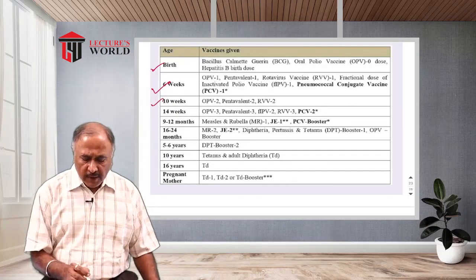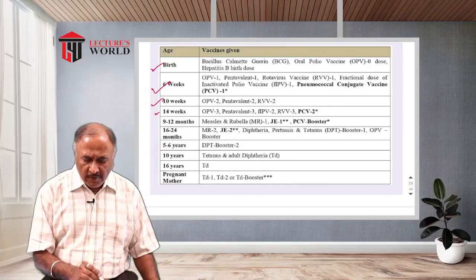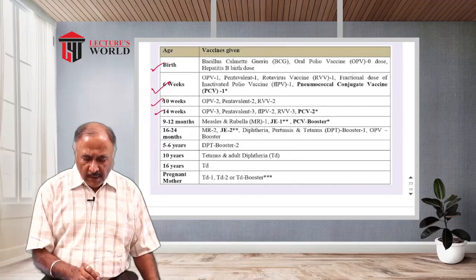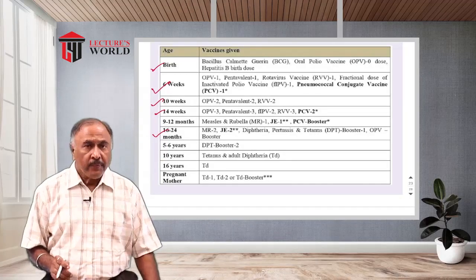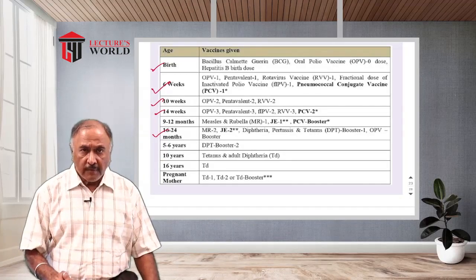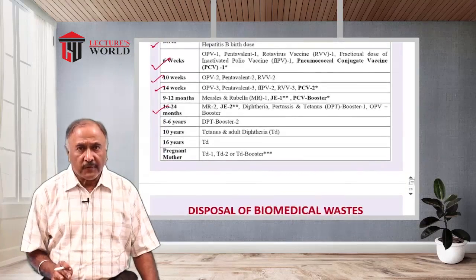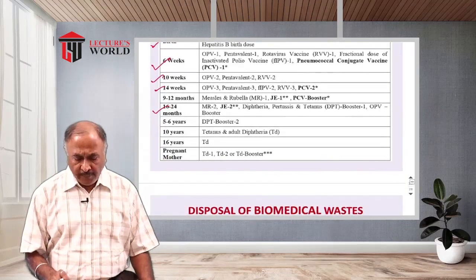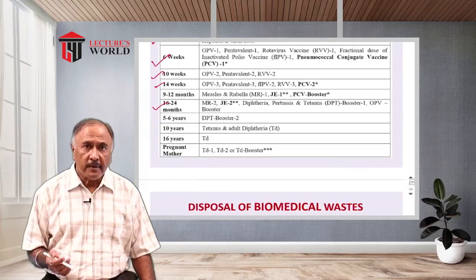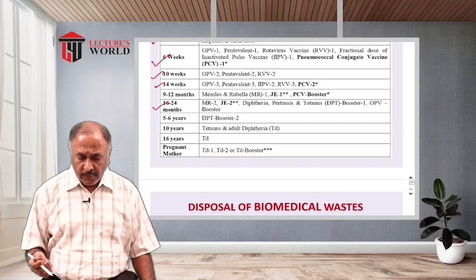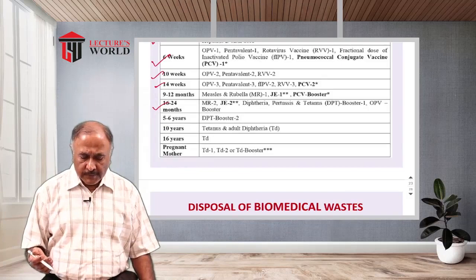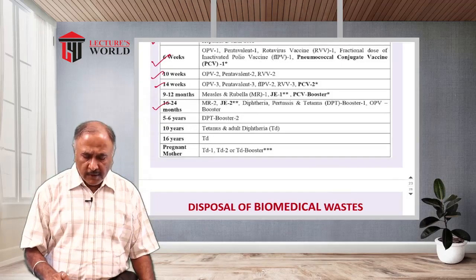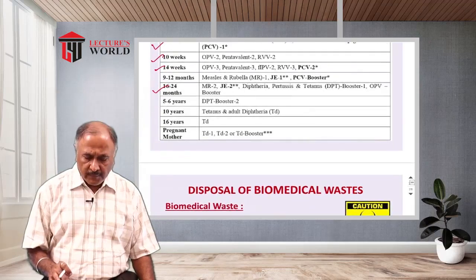After 10 weeks, again oral polio vaccine, and at 14 weeks oral polio vaccines. Then after 16 to 24 weeks, we have various vaccines of diphtheria, pertussis, and tetanus, that is DPT, then oral polio vaccines, a booster dose. At an age of 10, tetanus or diphtheria vaccines.